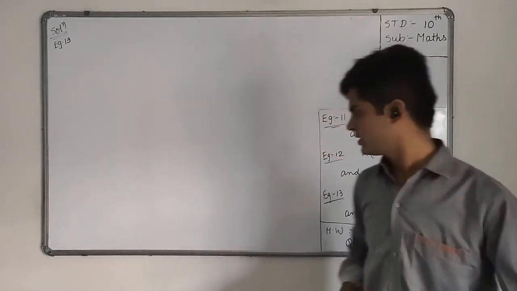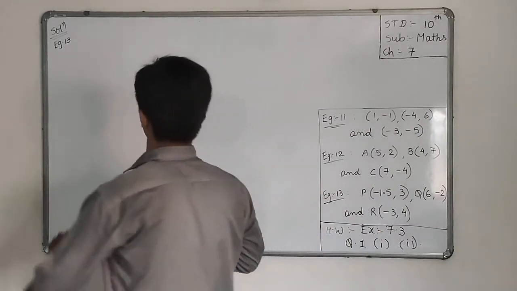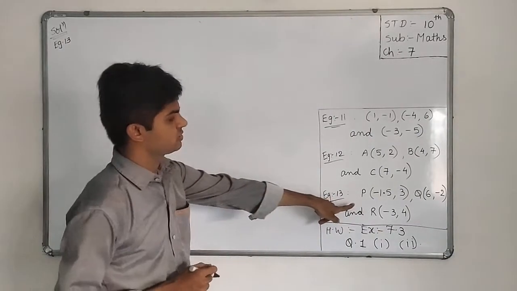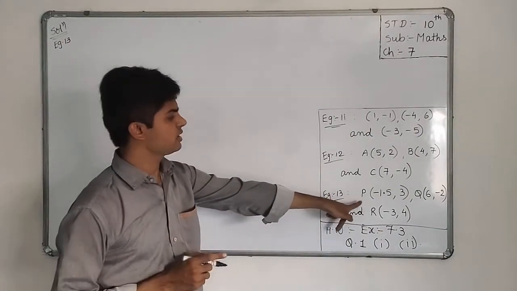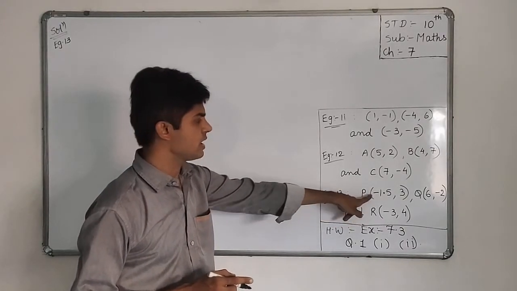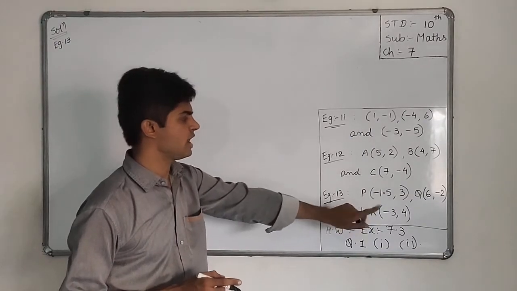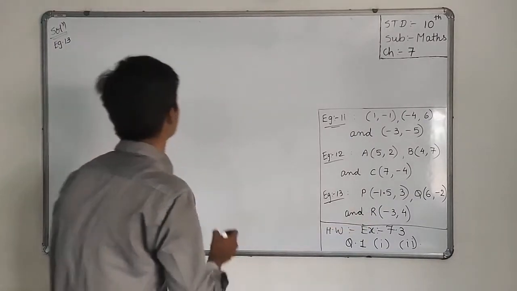Okay, so now let us start example 13 of our NCERT textbook. The question is: find the area of triangle when the coordinates are given as follows: P (-1.5, 3), Q (6, -2), and R (-3, 4).